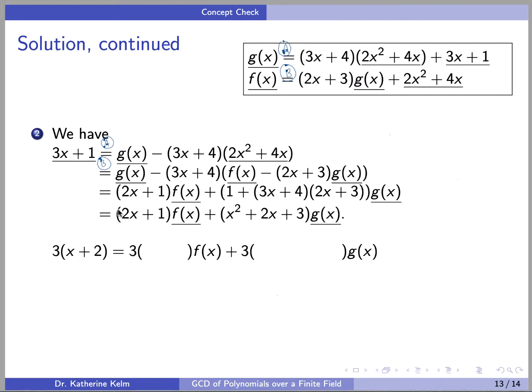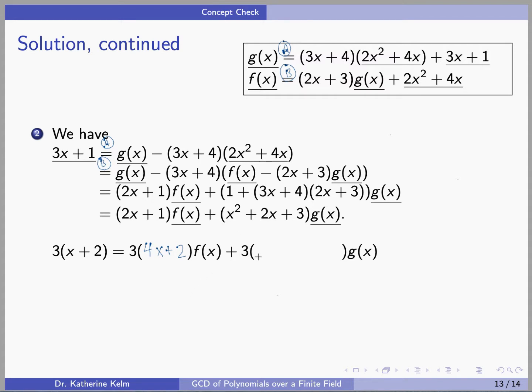Factoring out 3 from 2x plus 1, we must figure out what we have to multiply 3 by to get 2 mod 5. Well, if we multiply 3 by 4, we will get 12, which is congruent to 2 mod 5. And then 3 times 2 is 6, which is 1 mod 5.